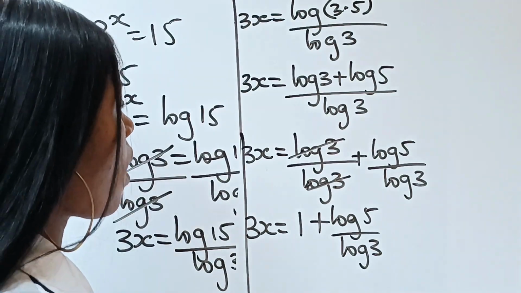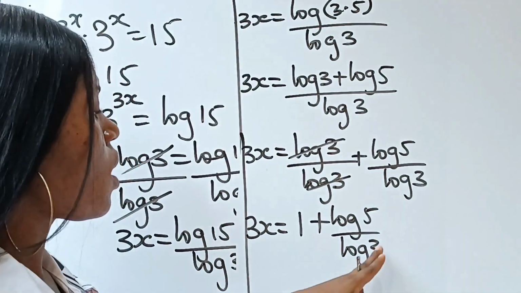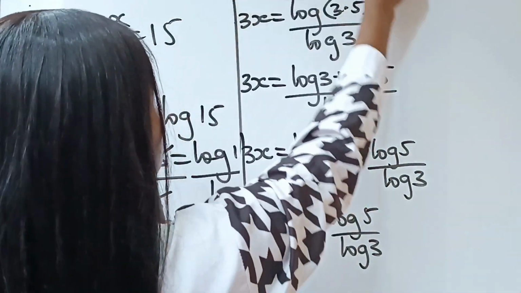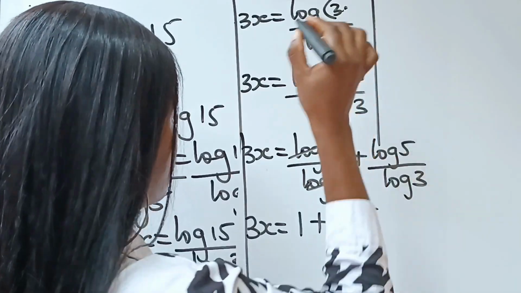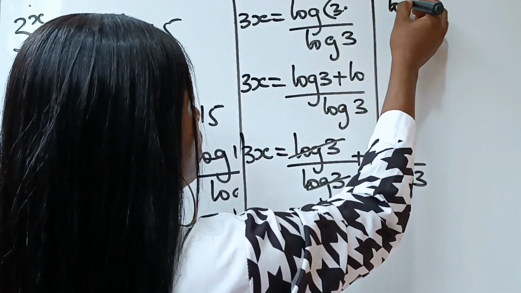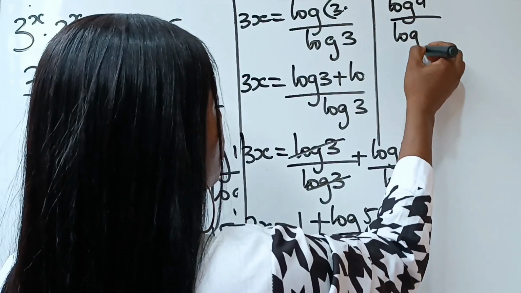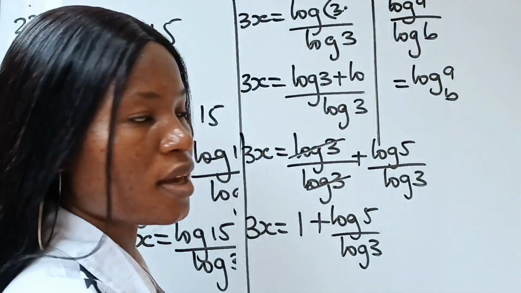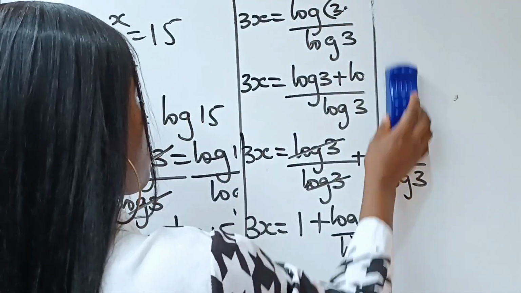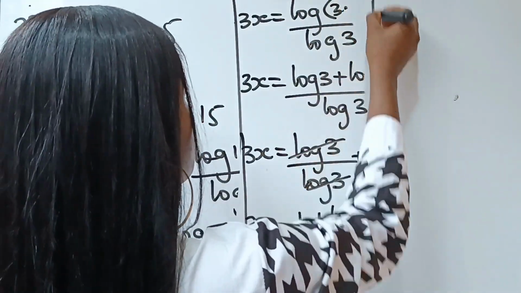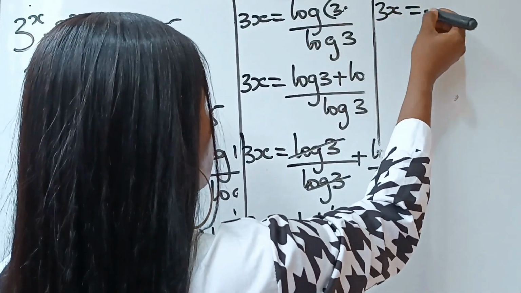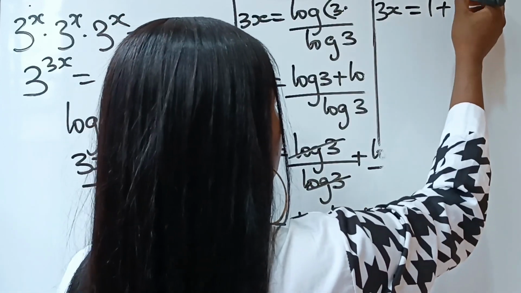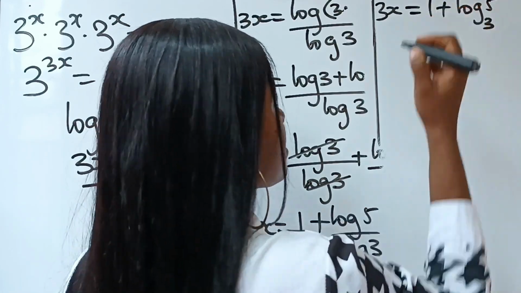Now I want us to note that when you have log a divided by log b, this is equal to log a base b. Therefore we can now rewrite this as 3x is equal to 1 plus log 5 base 3.